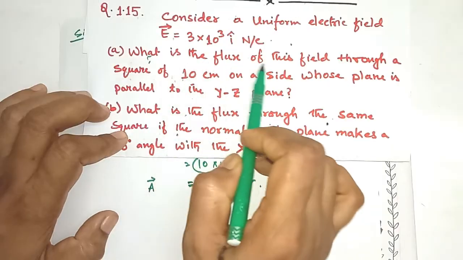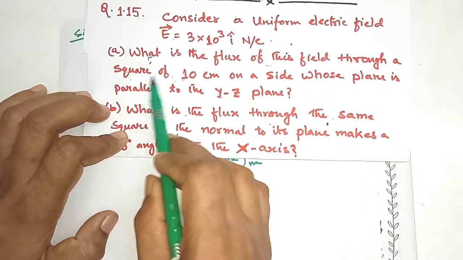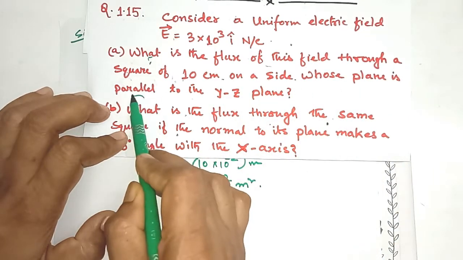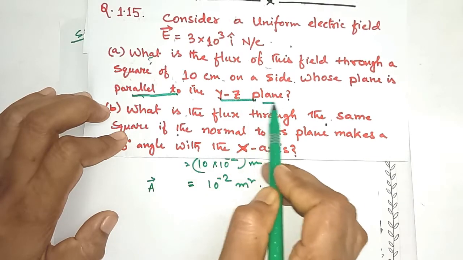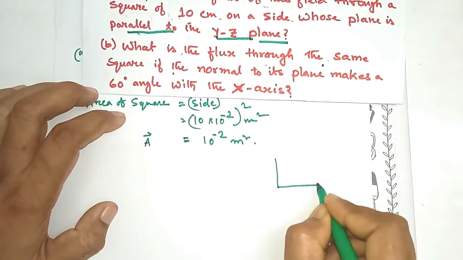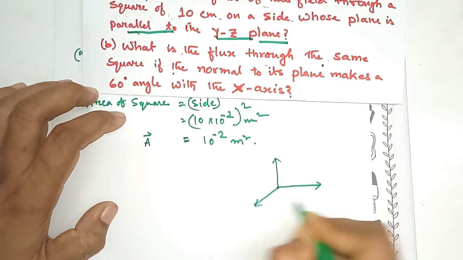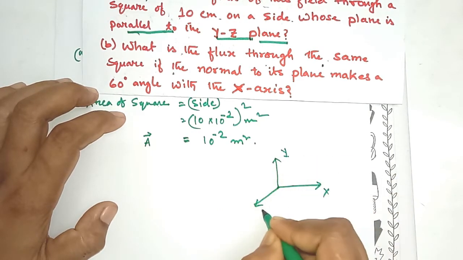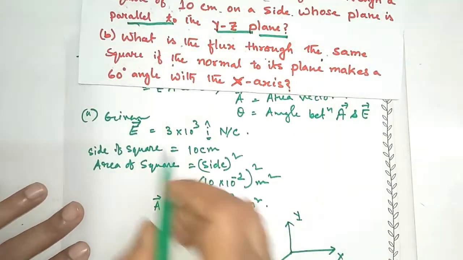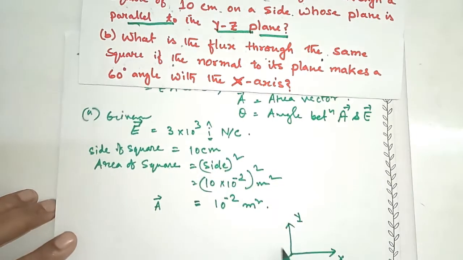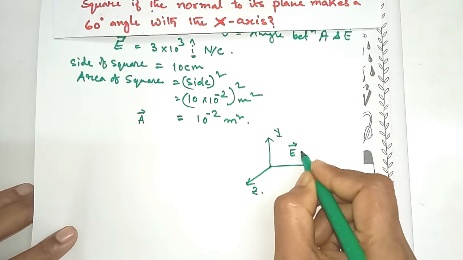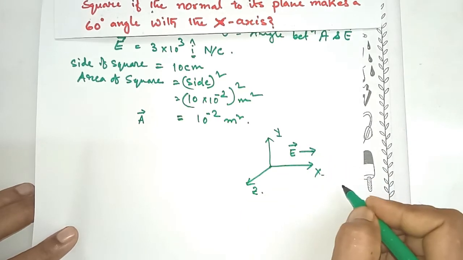Flux of this field through a square of 10 centimeter on a side whose plane is parallel to the YZ plane. For that we have to draw a three-dimensional frame, that is x-axis, y-axis, z-axis. As the electric field is in x-axis, इलेक्ट्रिक फील्ड का डायरेक्शन है हमारा एक्स एक्सिस की तरफ.